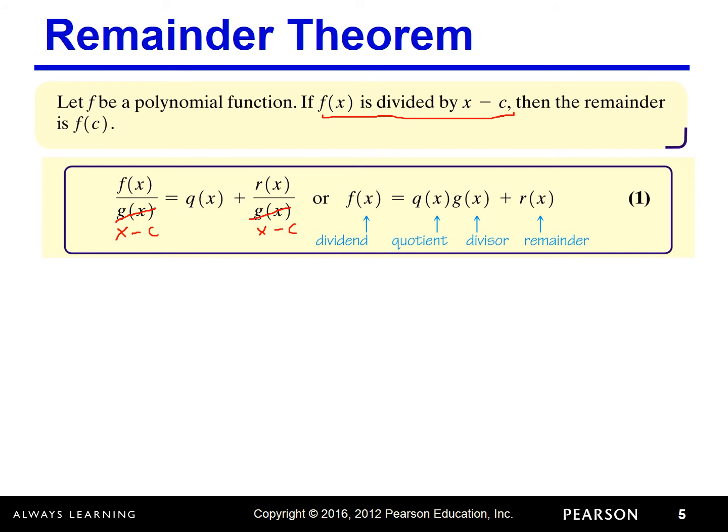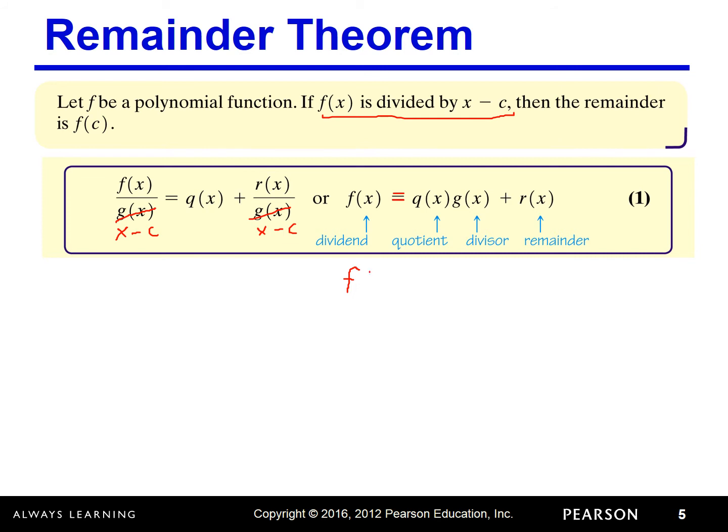As we update the other version of the division algorithm, they're equivalent, right? Because if you take the first one and multiply through by g of x, then you get the second one, since you cancel the g of x on the left side and on the right side.